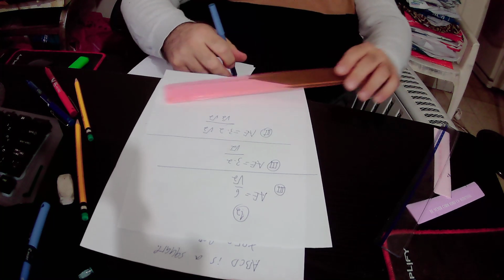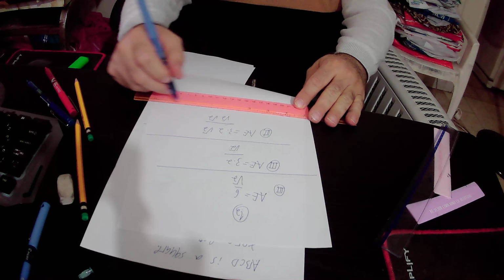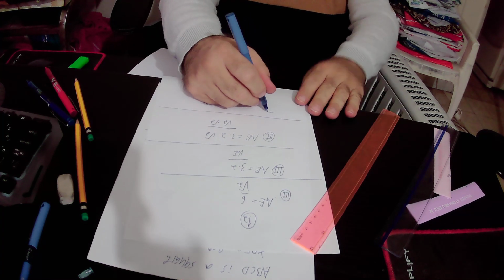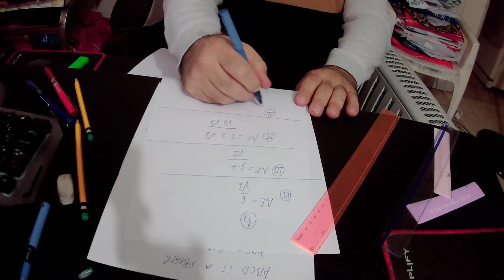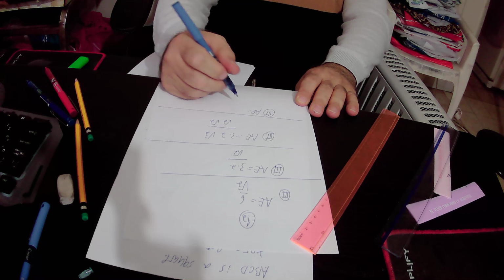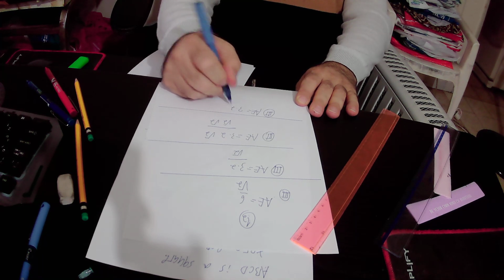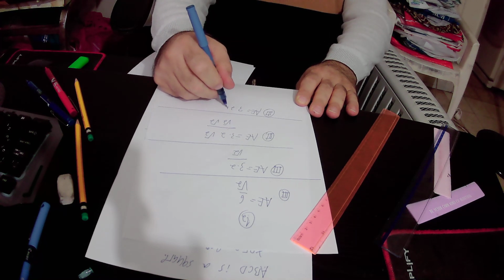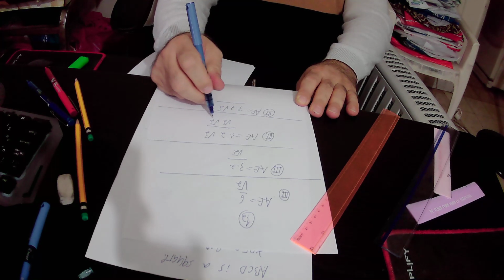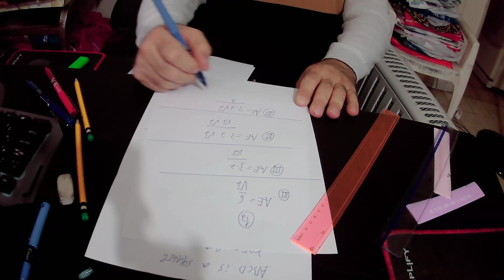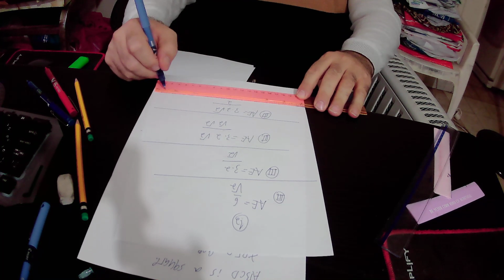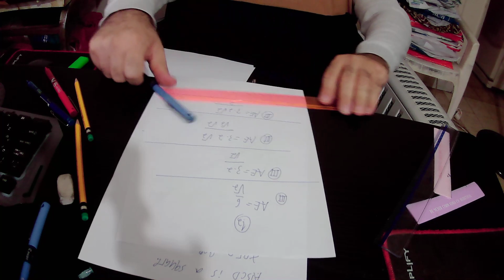So here in the denominator we have square root of 2 times square root of 2, which is 2. So in total we will get that AE equals 3 times 2 times square root of 2 over 2. And here 2 over 2 is 1, so the 2 will get cancelled.